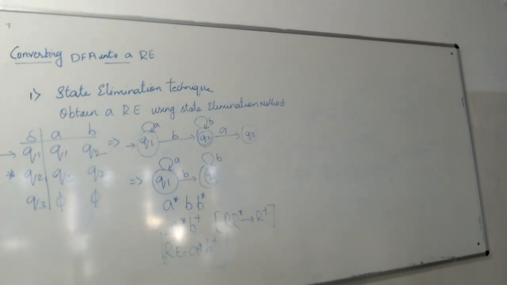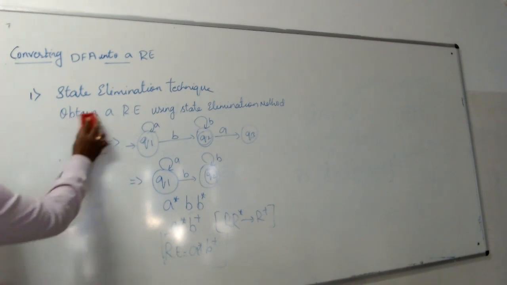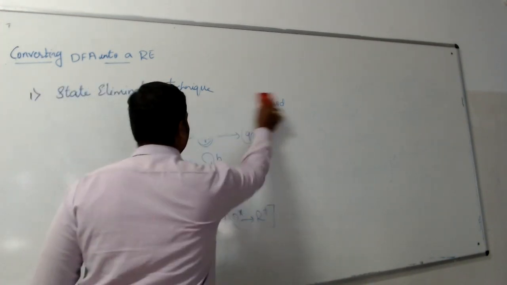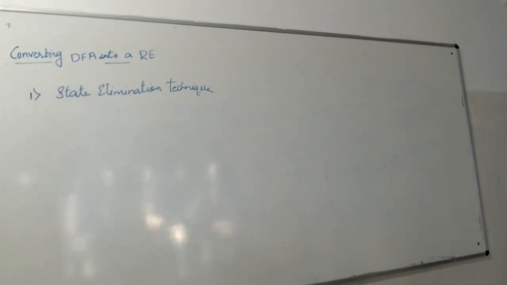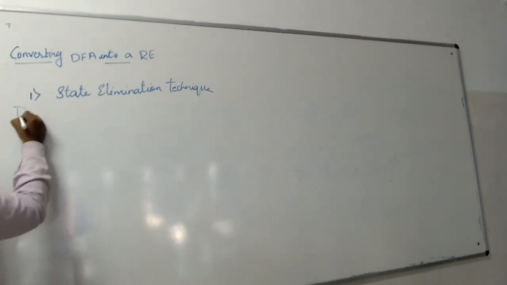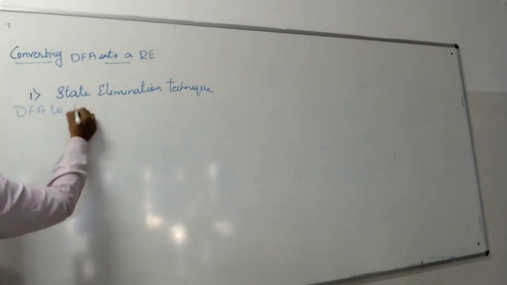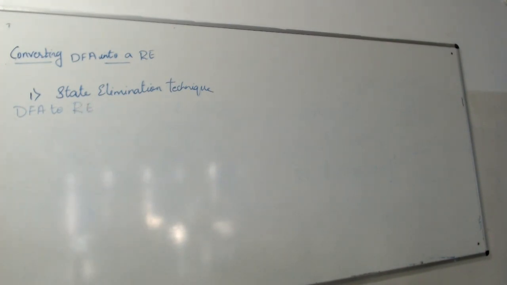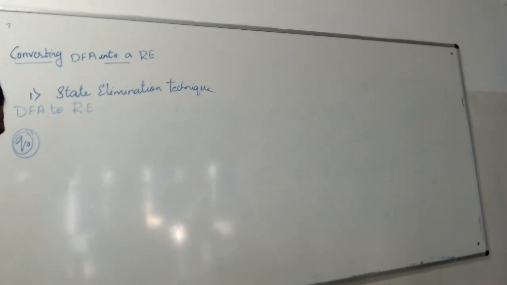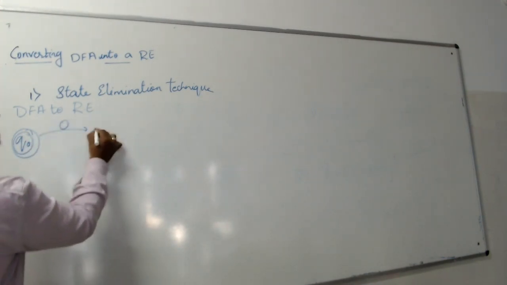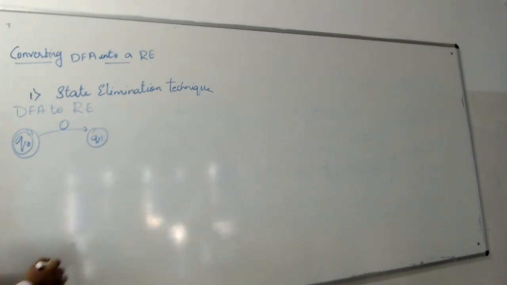Clear with this? Okay. Now we'll move on to the next problem. Convert your DFA to a regular expression. So Q0 upon 0 moves to Q1, and from Q1 upon 1 it moves back.